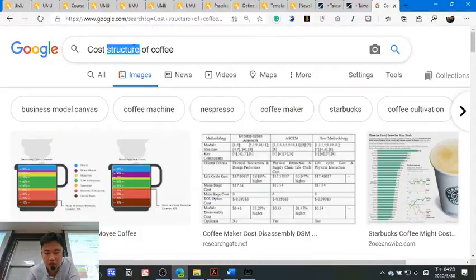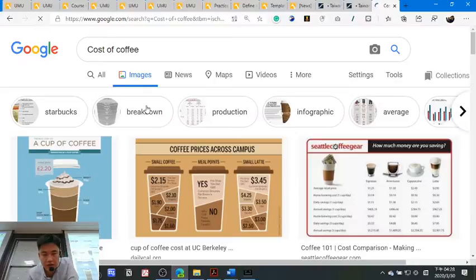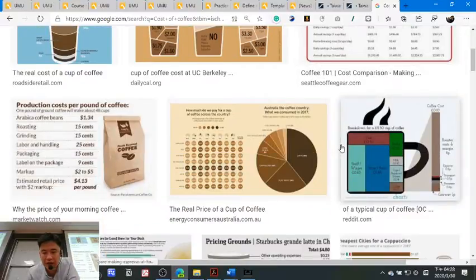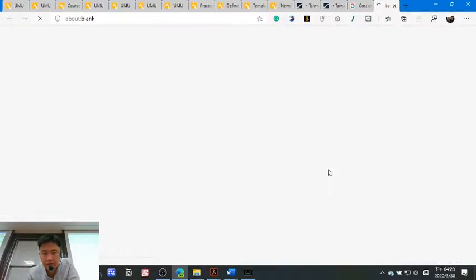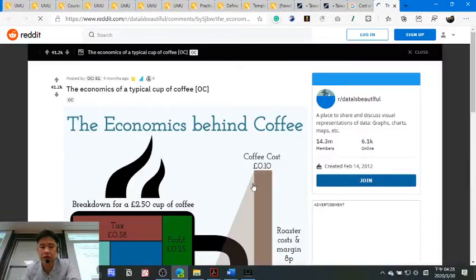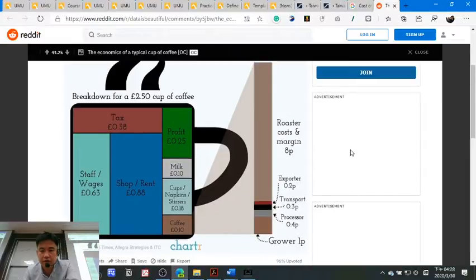Many analysts will calculate the cost structure, and that is the source I use. Let's zoom in. You have to know the cost structure, because the cost structure will affect the competition a lot.